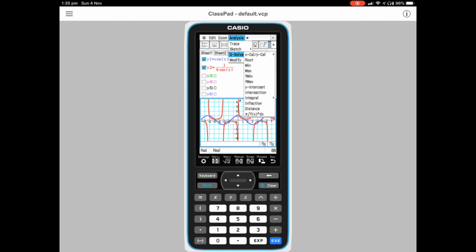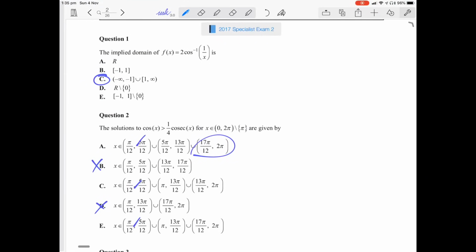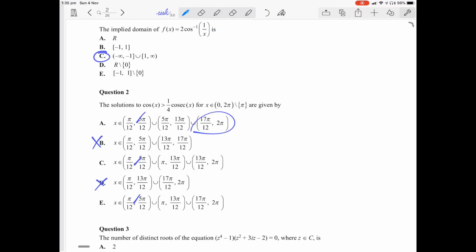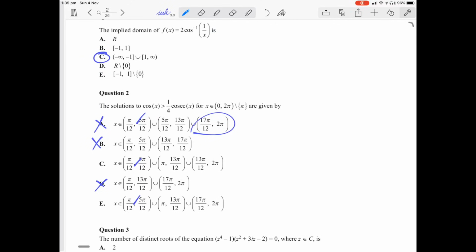You could just go analysis G solve intersection and then move. So 0.216, we already know what that is. That's going to be from pi to that value, 3.4. So we can scrap that one. So these two are both still in the mix.